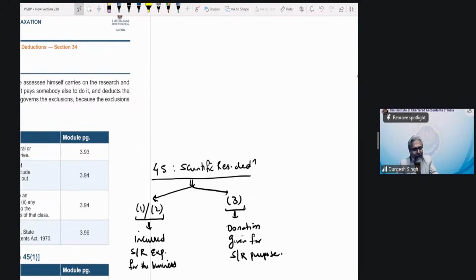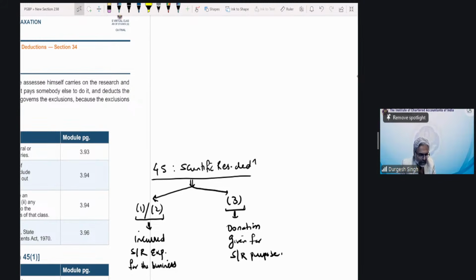So 1 and 2 is where the scientific research expenditure is incurred for the business. And the third one, students, is about the donation which has been given for scientific research purpose, and that exactly is the point, students. Is that point clear to all of you? Shall we proceed now? I think you people would have done this a little bit in your interest here also. You would have known about how the things work.